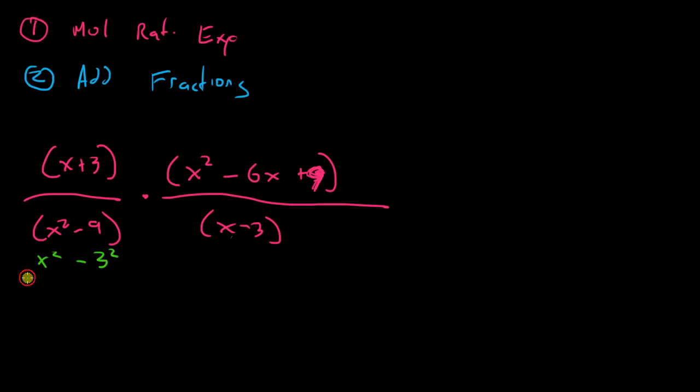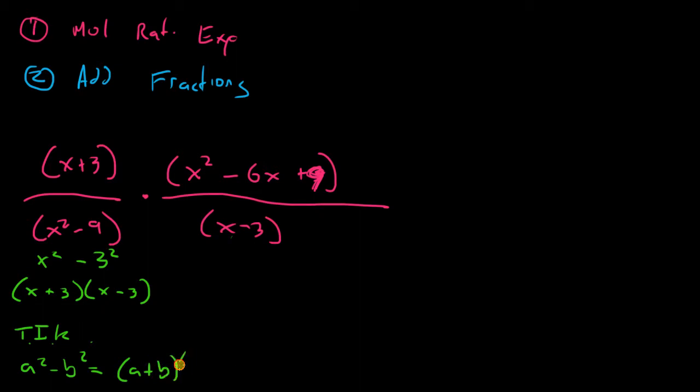And if you remember that thing I know, that turns into x plus 3, x minus 3. For reference, the thing I know, we're going to call it TIK, is that a squared minus b squared is the same thing as a plus b, a minus b.